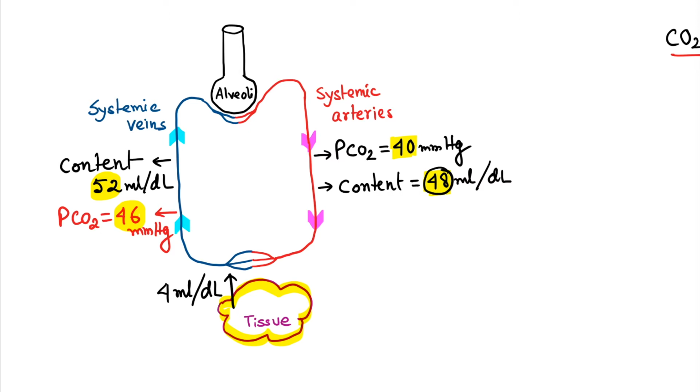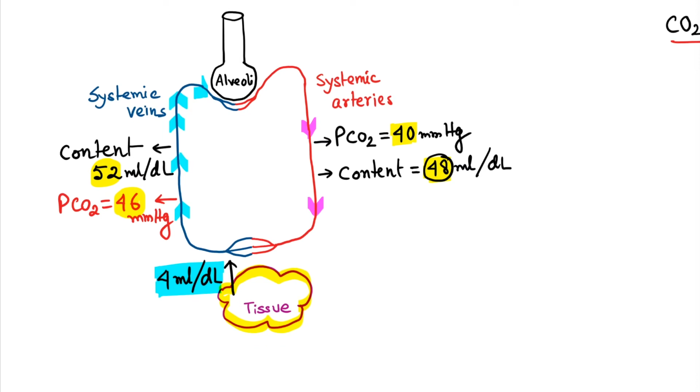Right. Now our job is to understand how this extra 4 ml of carbon dioxide is transported by the venous blood from the level of tissue up to the level of alveoli. This is our class today, right? Now, before going into the detail of the transport process, remember one thing.